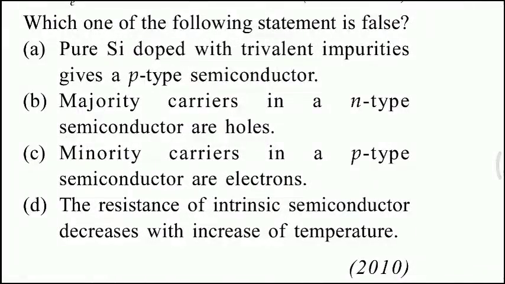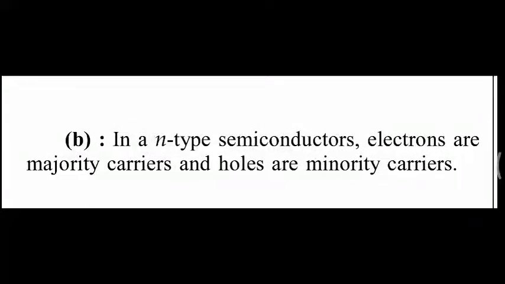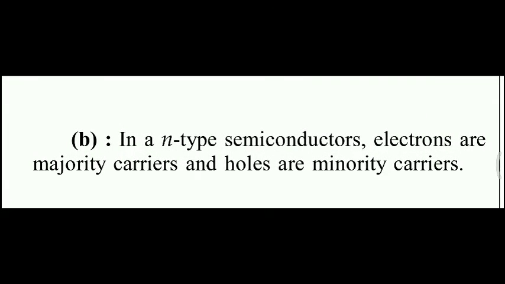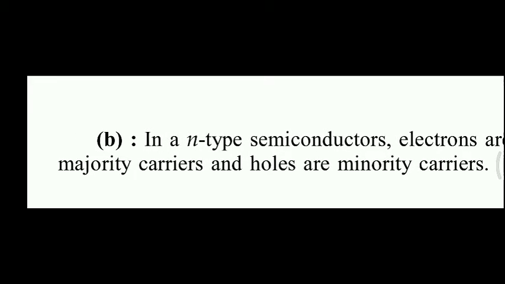Yes, B is the correct answer. Majority carriers in n-type semiconductor are holes, that is false. B is false. In n-type semiconductor, electrons are majority carriers and holes are minority carriers.